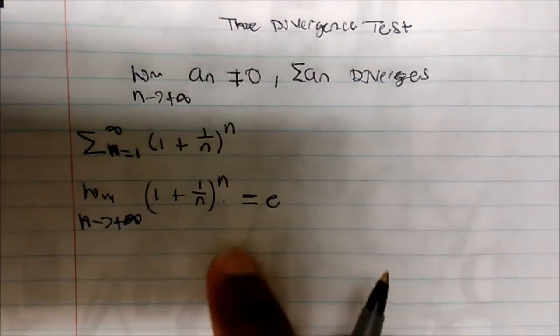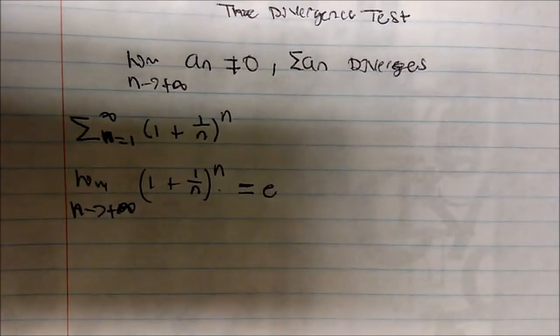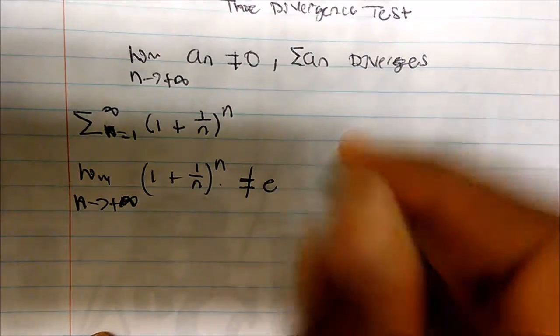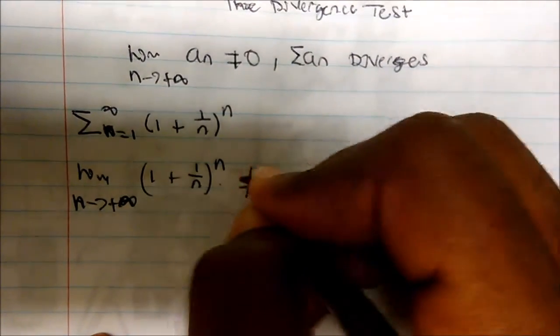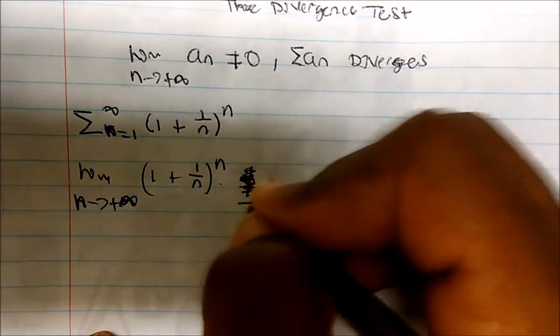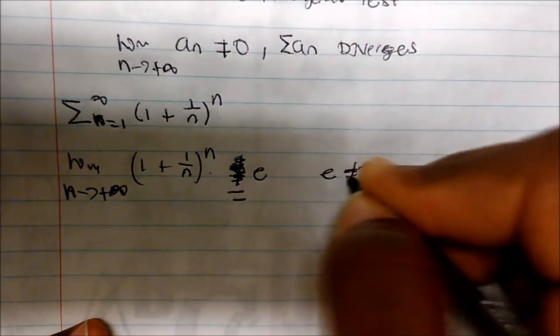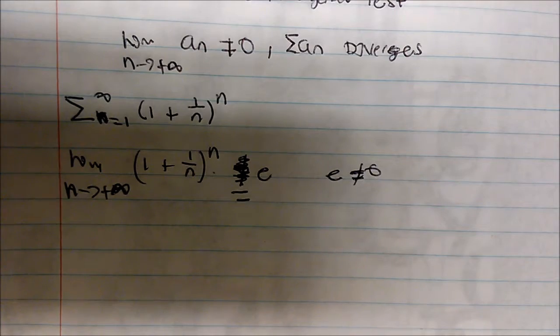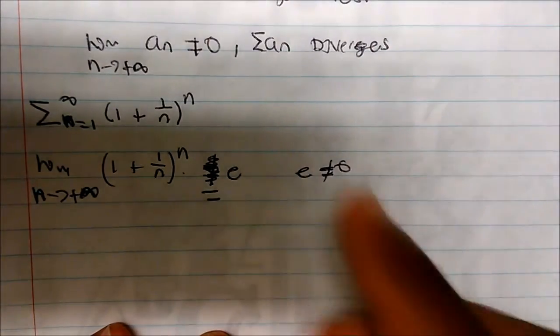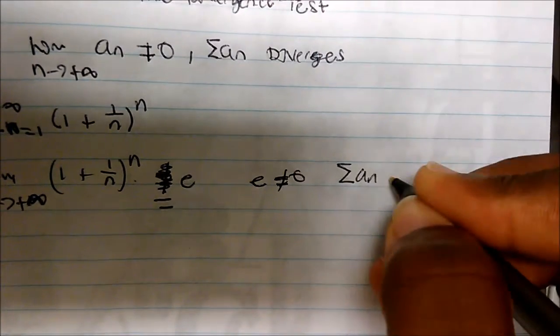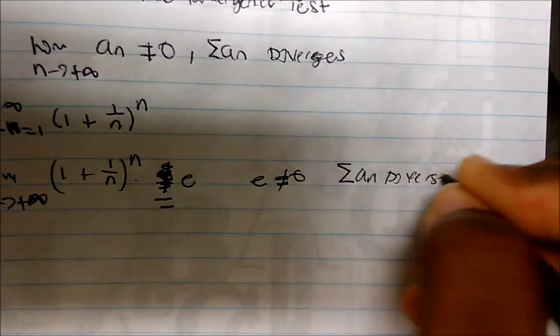So the limit is e, and e is 2 point something. The limit is equal to e, and we know e does not equal 0. So the limit does not equal 0, and therefore we can conclude that this diverges.